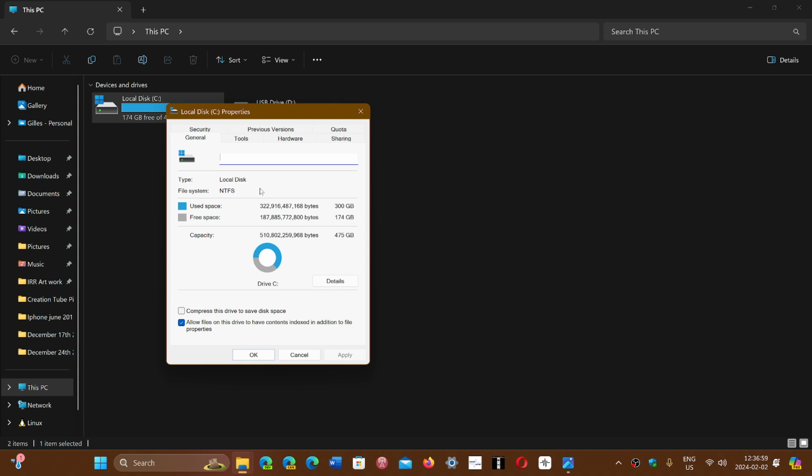So the first file system that we had in the times of DOS and early days of Windows was FAT. FAT stands for File Allocation Table. What happened with FAT is that it was really designed for very small disks and small structures, including small file names, and it really couldn't handle much.